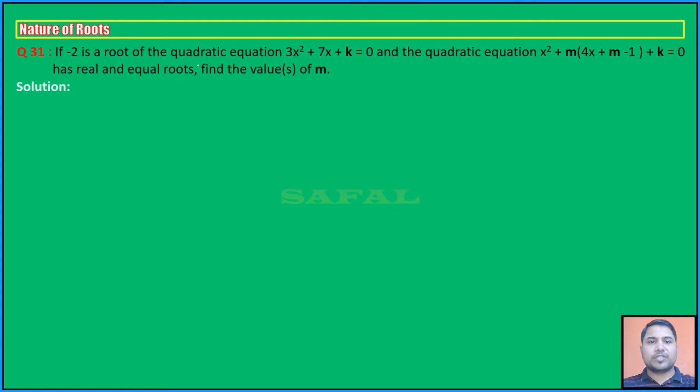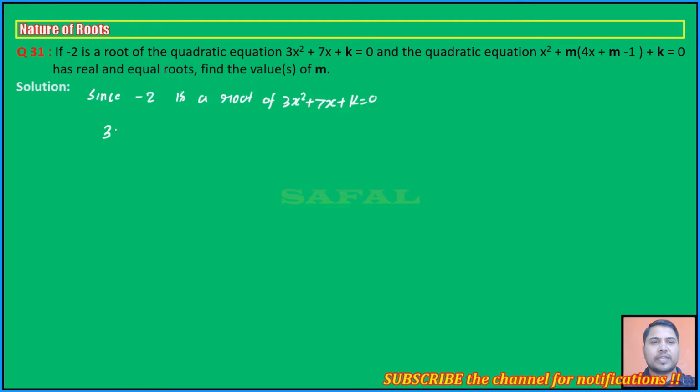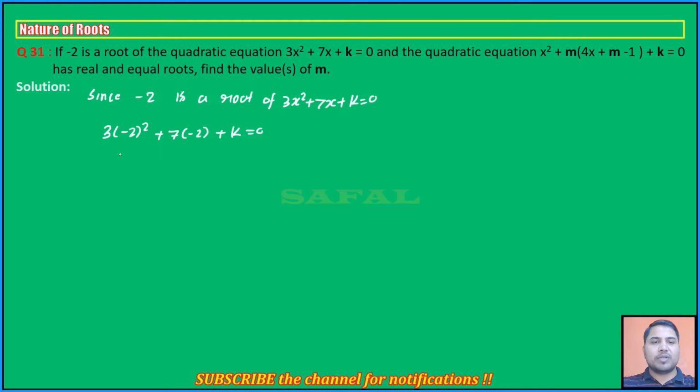So since minus 2 is a root of the quadratic equation, it will satisfy the quadratic equation, correct? So since minus 2 is a root of 3x square plus 7x plus k equals 0, what will we get? 3 into minus 2 square plus 7 into minus 2 plus k equals 0. So from here we will get 12 minus 14 plus k equals 0.